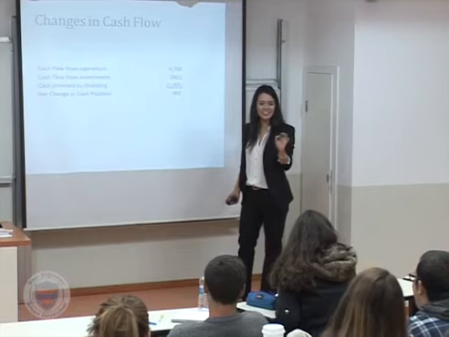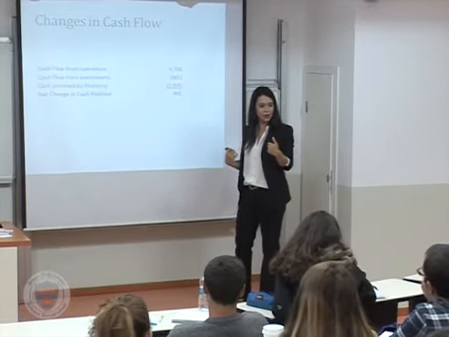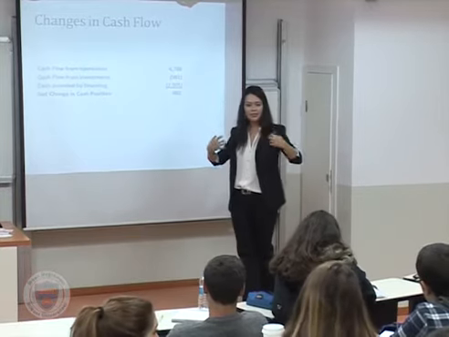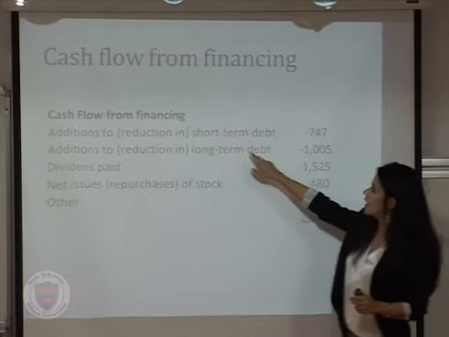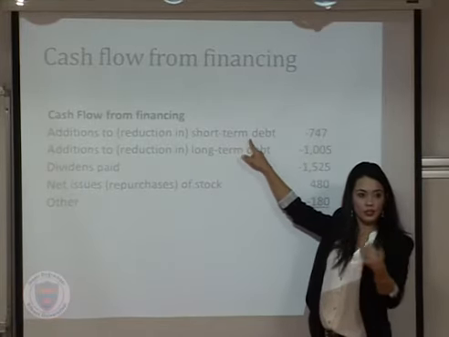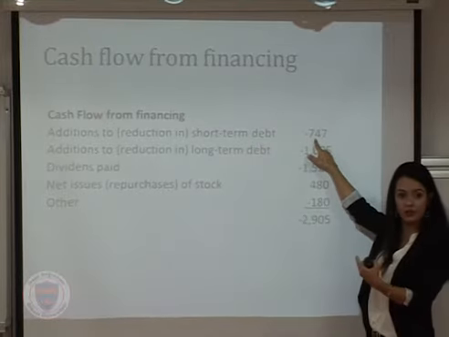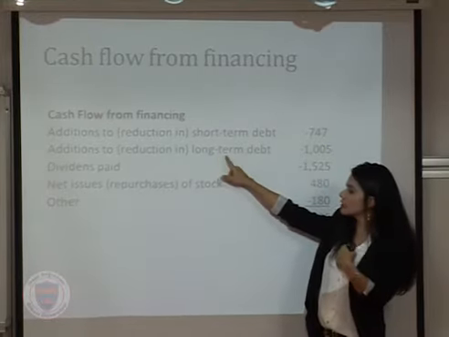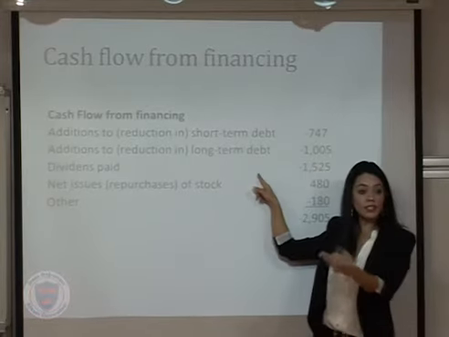debt, it is cash outflow. If you found some debt or if you issued stock, it's cash inflow. So here it says you paid your short-term debt. It's a cash outflow. You paid some of your long-term debt, cash outflow. You paid dividends.